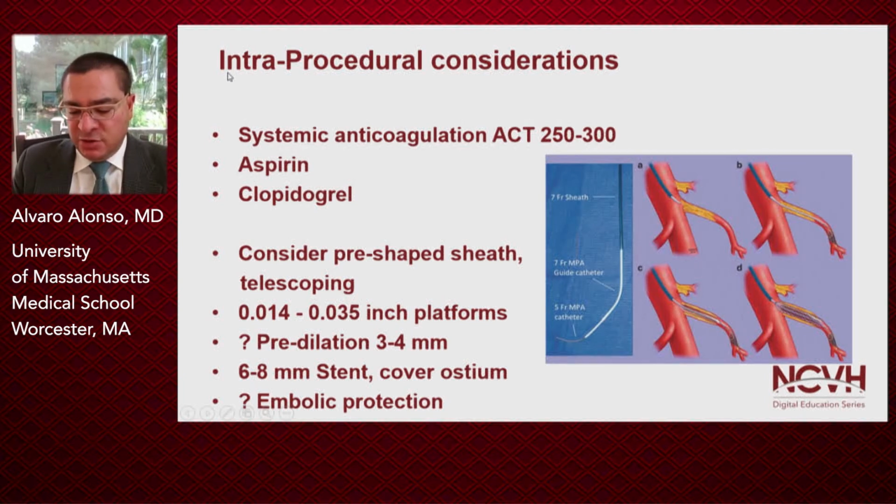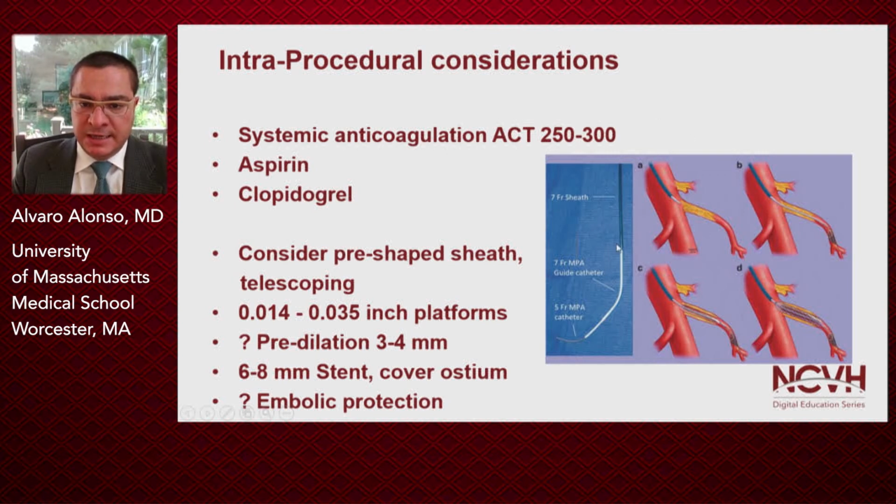And then if the decision is to proceed with the intervention, all these patients need to have anticoagulation and aspirin, and most of us would use clopidogrel with a loading dose in the cath lab, and continue for 1 to 3 months. There are multiple pre-shaped sheaths that could be utilized.